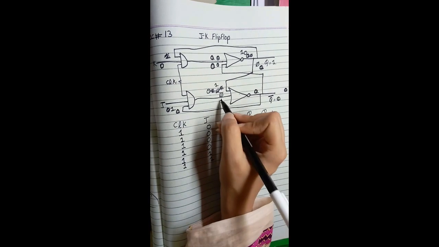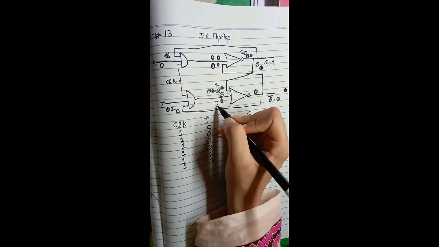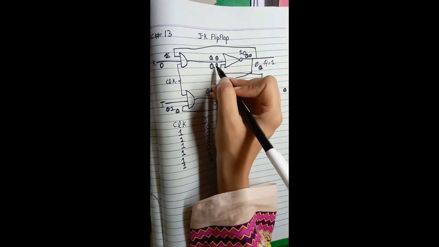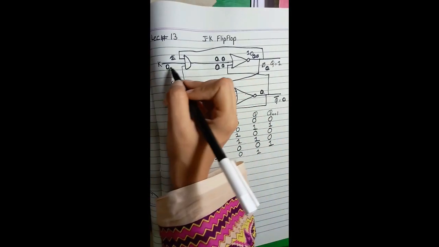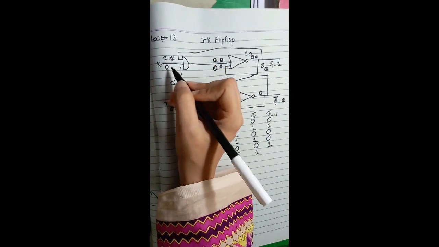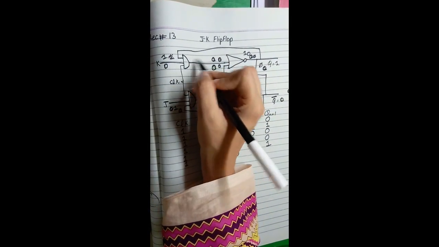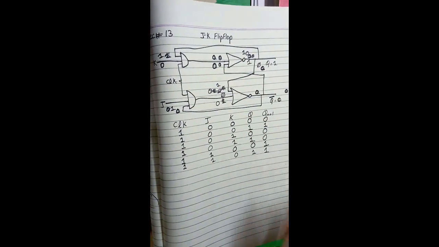So it will give us the value 0. This one is 1, 1 and 0 will give us 0. Here we go, the 0 is our input. Here the value of k is 0. This one is 1 and 1. It will give us 0 according to the AND gate. 0 and 0 will give us 1. So here we will have 1.